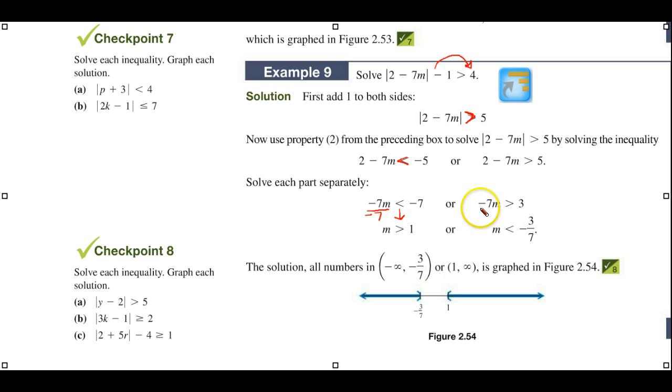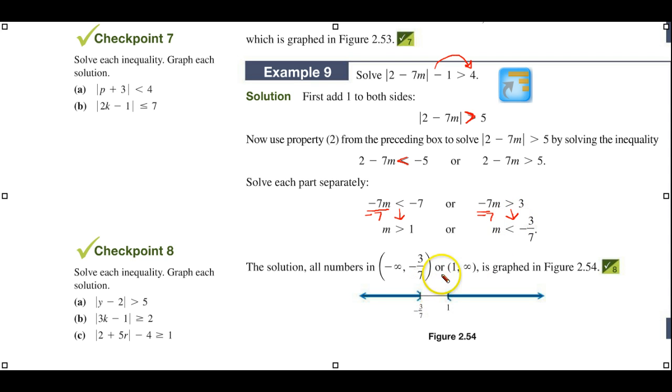And then here also, dividing after they've subtracted 2 from both sides, dividing by a negative 7. And this side becomes a negative 3/7, but they're reversing the inequality sign to keep the statement true.